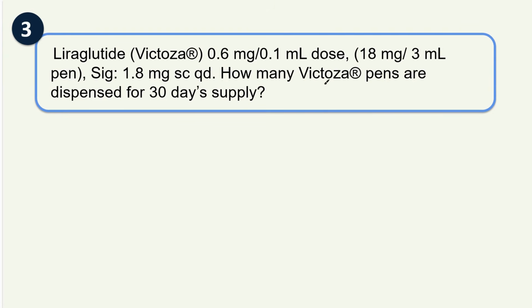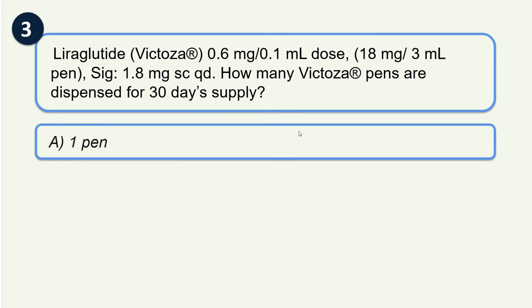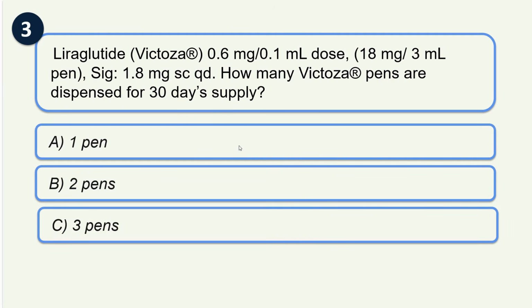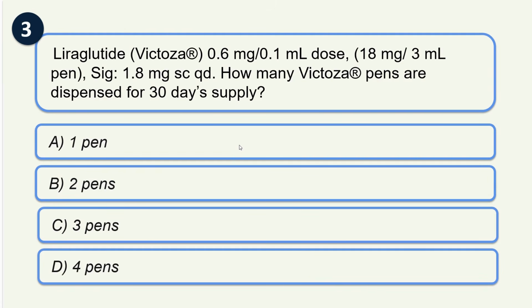So how many Victoza pens are dispensed for 30 days? Here each pen is 18 milligrams and it is 3 mL. So let's see, 1 pen, 2 pens, since this is to supply for 30 days, 3 pens, or 4 pens? The correct answer is 3 pens.